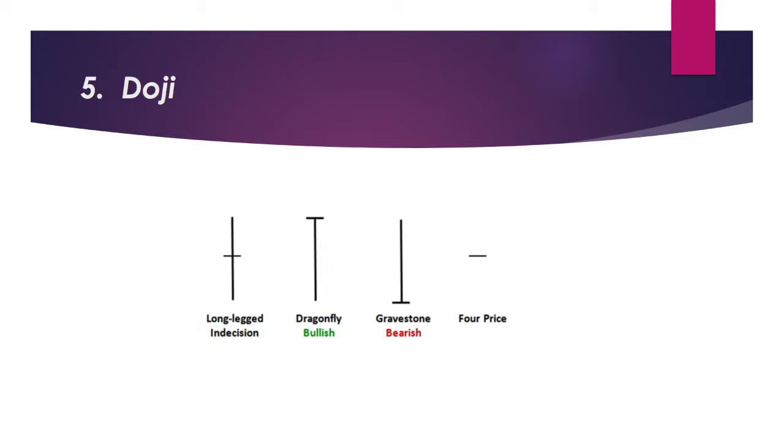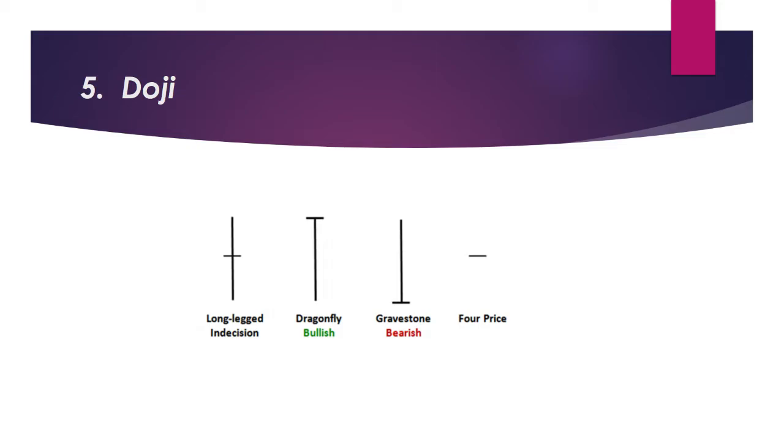The bulls aren't winning and the bears aren't winning. The market is in a state of stalemate. It's like a tug of war. They don't know whether they want to pull the other team across, or the other team doesn't know if they want to pull the other side across.